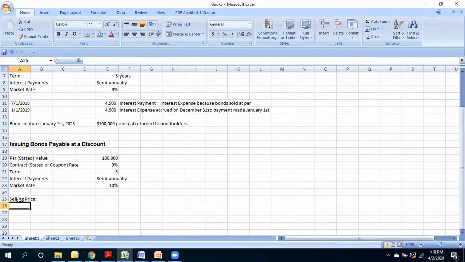First, we have a bond that's going to pay interest at a rate that is less than what a rational investor could get on the open market someplace else. The second thing is that we have payment of interest over time, as well as the payment of principal 5 years from now.